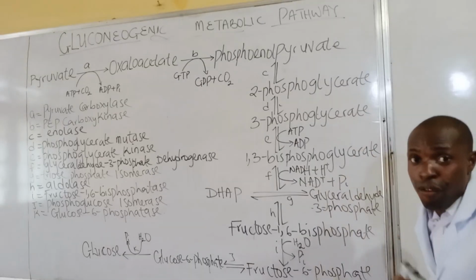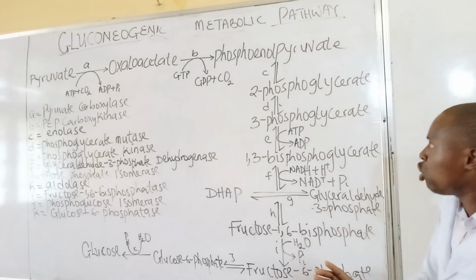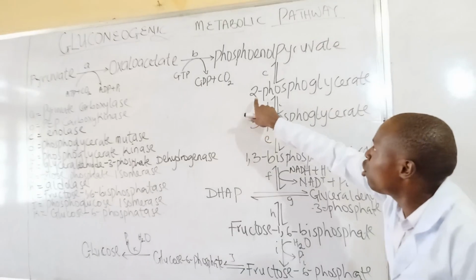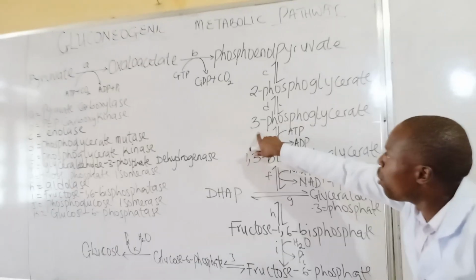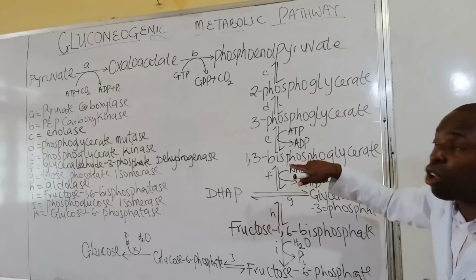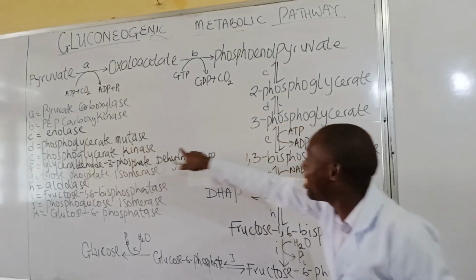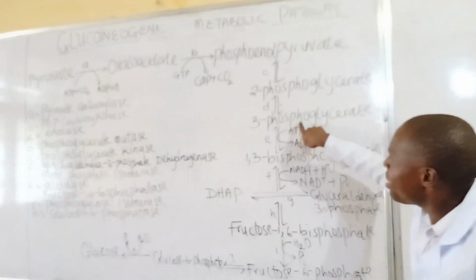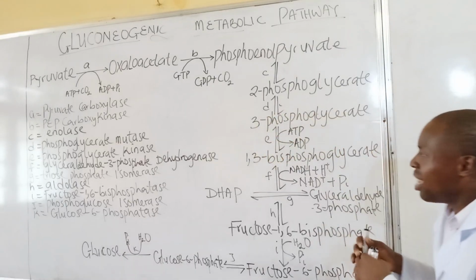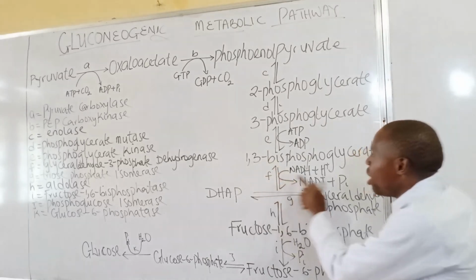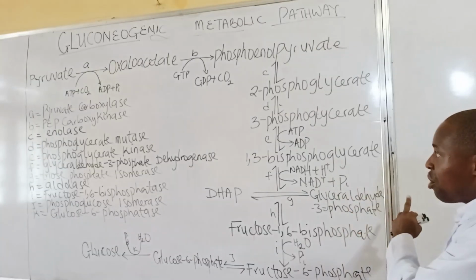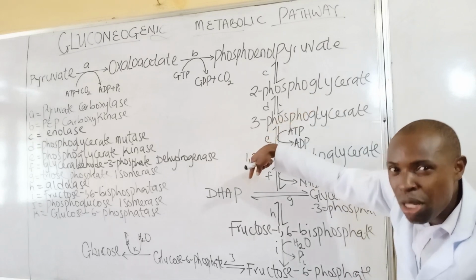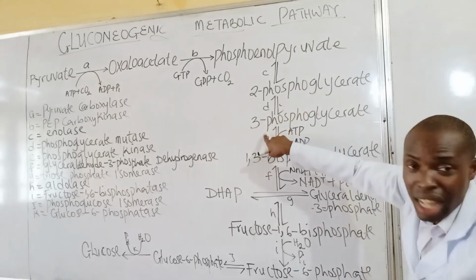It simply means that in an exam condition, you can be asked, what is the enzyme that catalyzes 2-phosphoglycerate to 3-phosphoglycerate? Take note, it is called the phosphoglycerate mutase. Now, in this step, from 3-phosphoglycerate down to 1,3-bisphosphoglycerate, take note, ATP enters into this step.